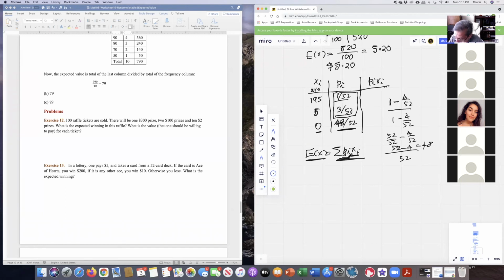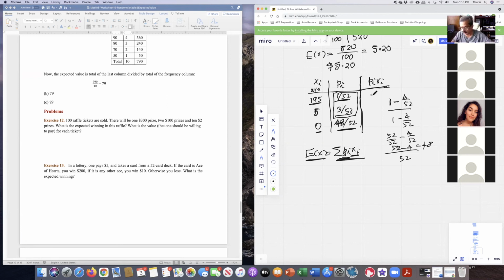That's what we had to use because in this case, we only have the probabilities available, not the frequencies. So I'm going to make a third column in which I'll show the product of probability and the Xi value. So 1 over 52 times 195, that goes here.